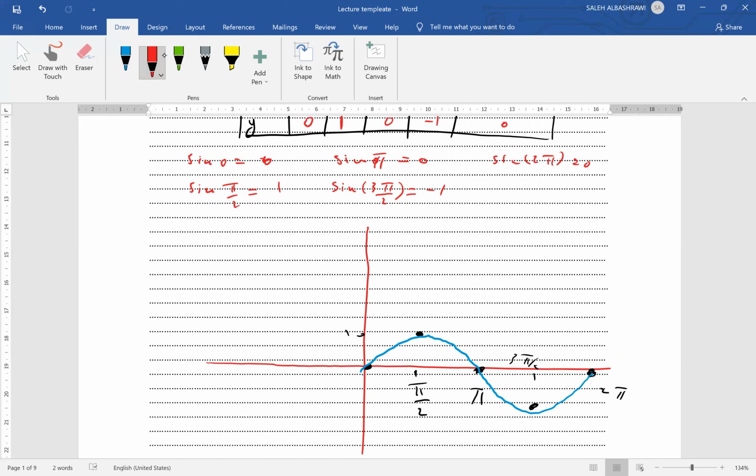Now we have this height to the maximum point. We call it the amplitude. The amplitude is just the distance or the height, from the maximum value to 0, or the absolute value of the minimum, minus 1, and 0.